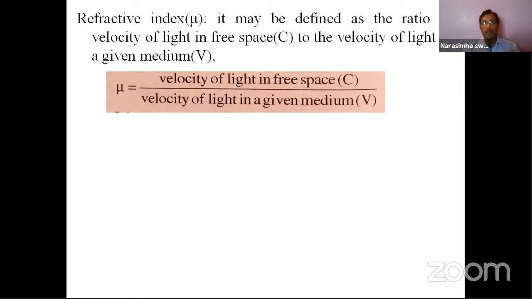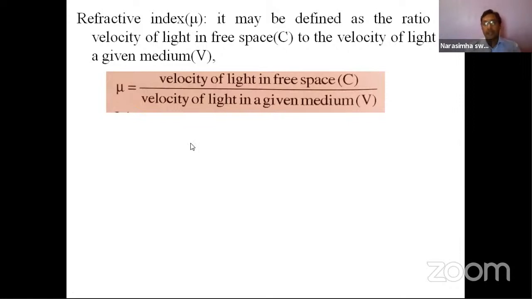For example, we know the velocity of light in air is fixed, 3 into 10 power 8 meters per second, and when the same light is incident on water or glass, it will be less than in air.